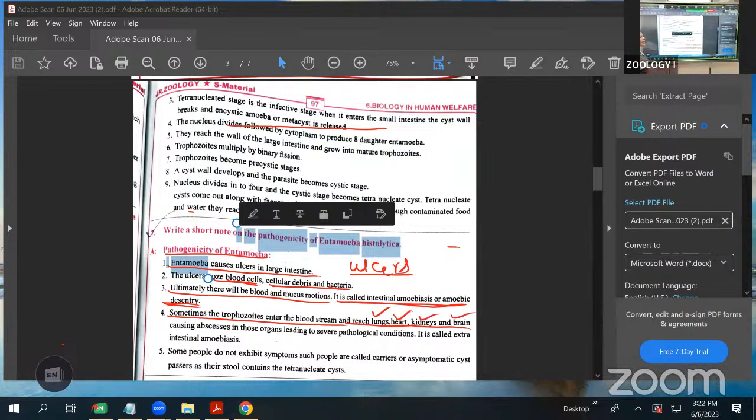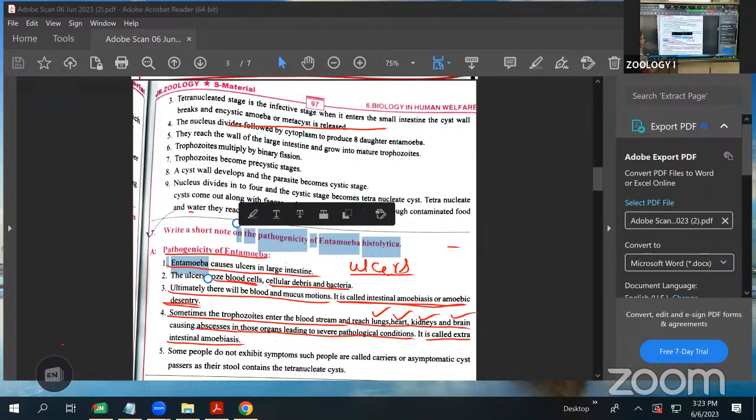There they mainly cause an abscess, a swelling-like structure, leading to severe pathological conditions and damage in those organs. That is called extra-intestinal amoebiasis, since the amoebiasis is caused outside of the intestine.